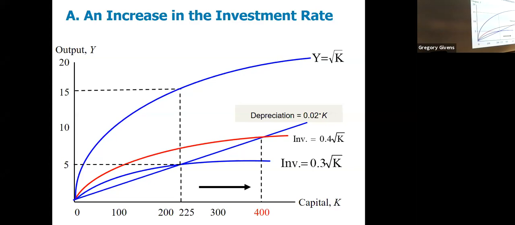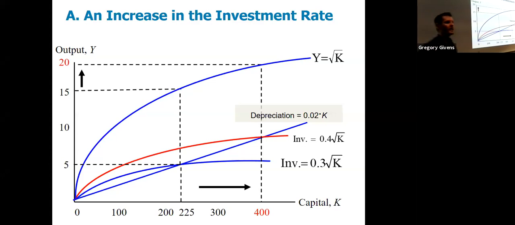Let's say that we were initially at this point where our capital stock was 225. It was the case that investment was equal to depreciation. But now, investment is bigger than depreciation. So what is going to tend to happen to the capital stock then in the next several years? It's going to go up, right? The capital stock is going to rise because investment is bigger than depreciation.